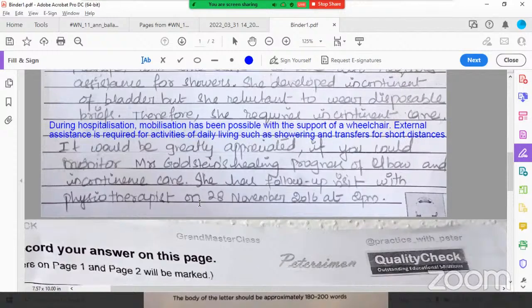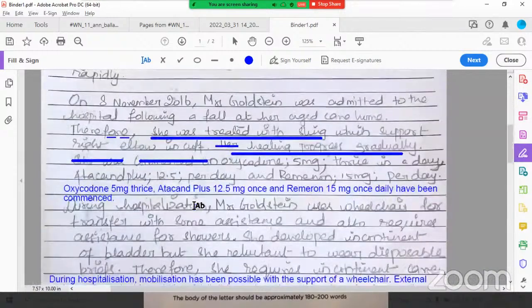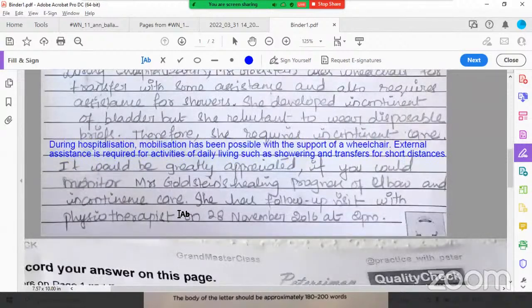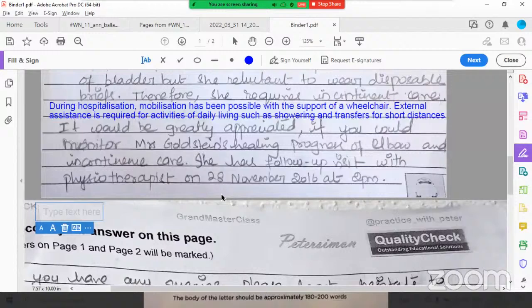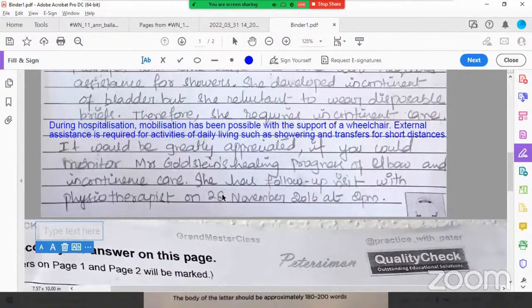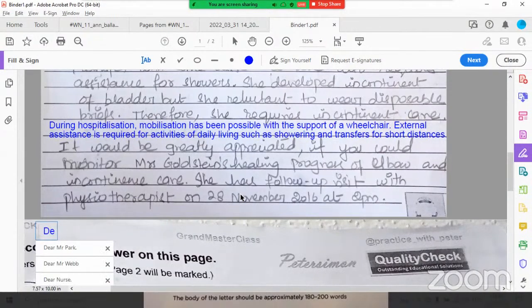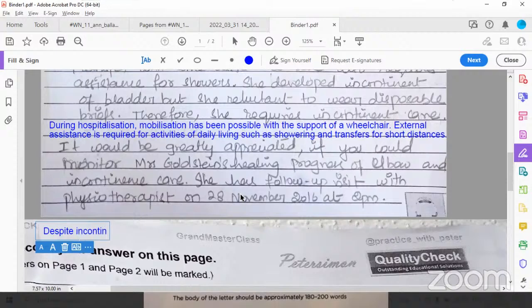So where shall I write this sentence? Okay, I'll try to write here. In spite of or despite incontinence, that's all.